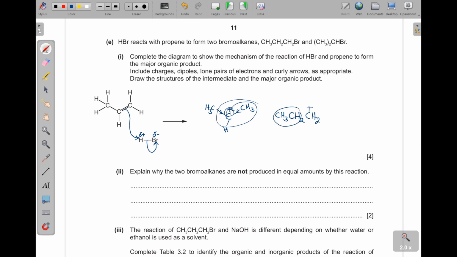So this one has one alkyl group, whose inductive effect is smaller than for these two that are here. So that's why this one is minor and this is the major. I hope I'm clear there.